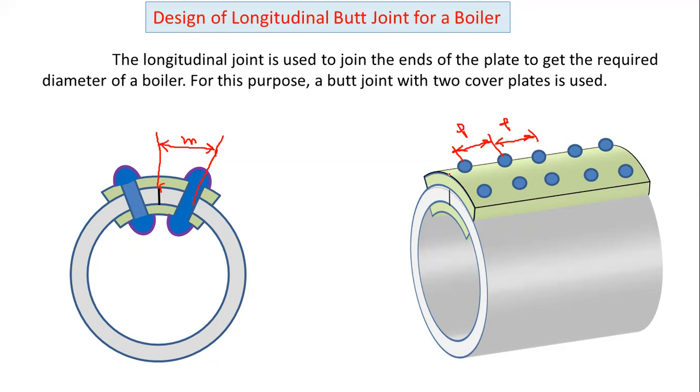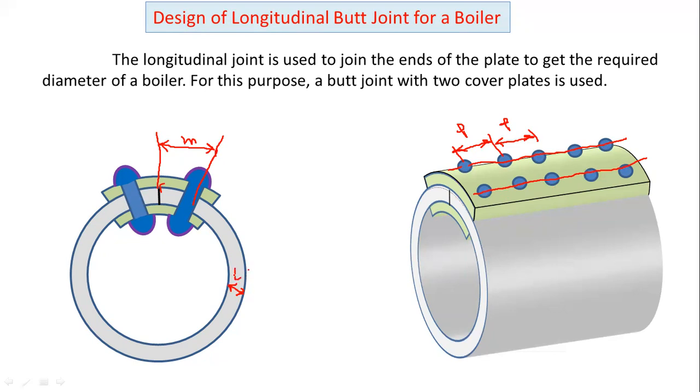Now this is one row of the riveted joint, and this is another row of the riveted joint. The distance between two successive rows of rivets is called row pitch or back pitch. And this is the thickness of the shell or boiler plate.